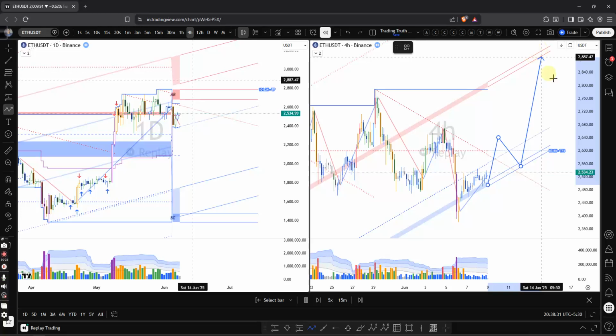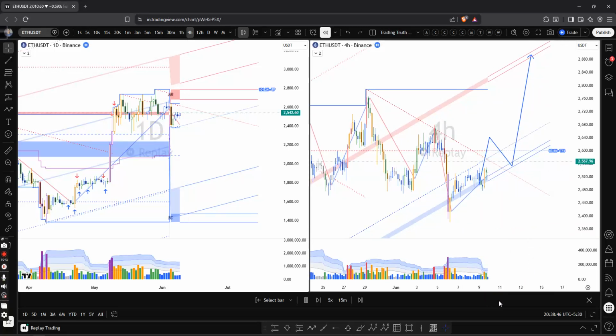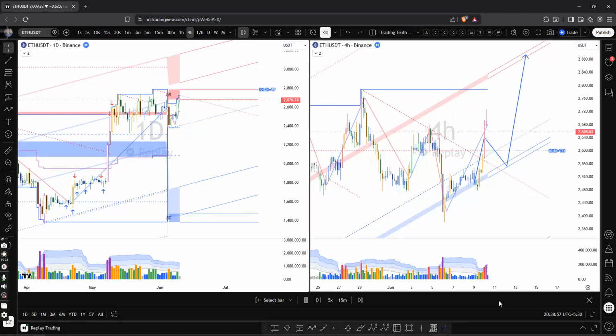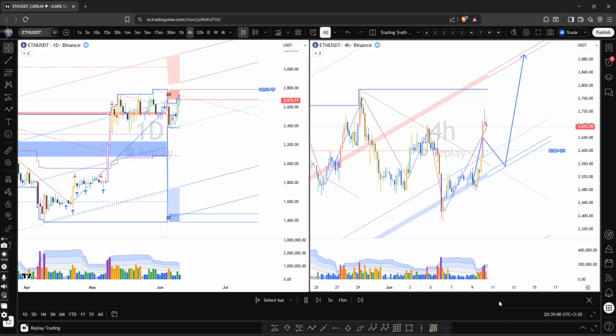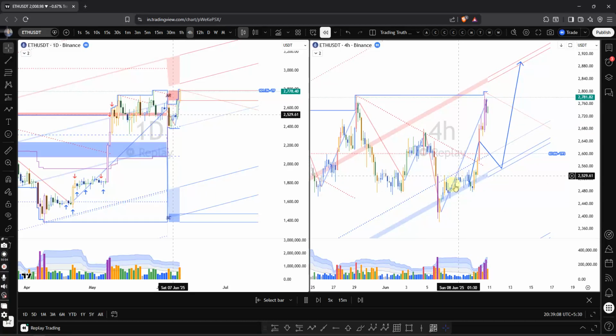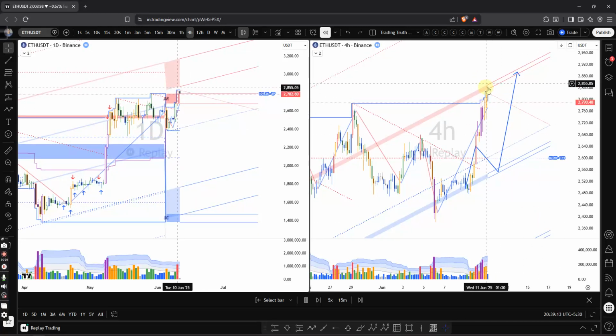Okay, so we'll see. See the pullback. There is gonna be one pullback though. No. Yeah, see, it did have much higher prices on this upstairs.